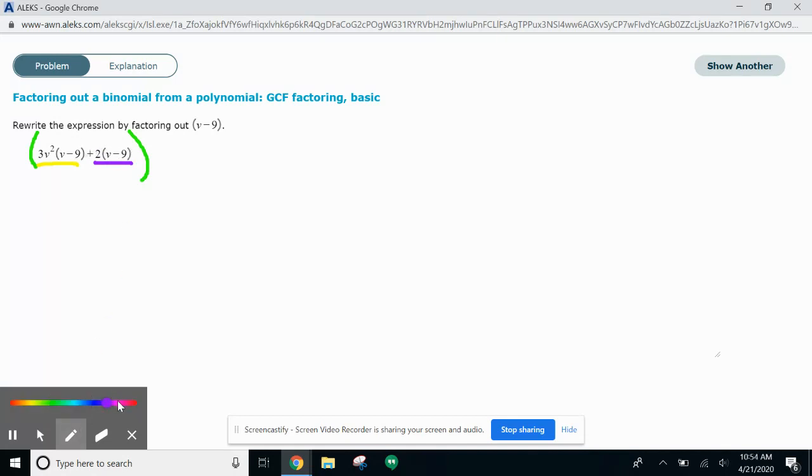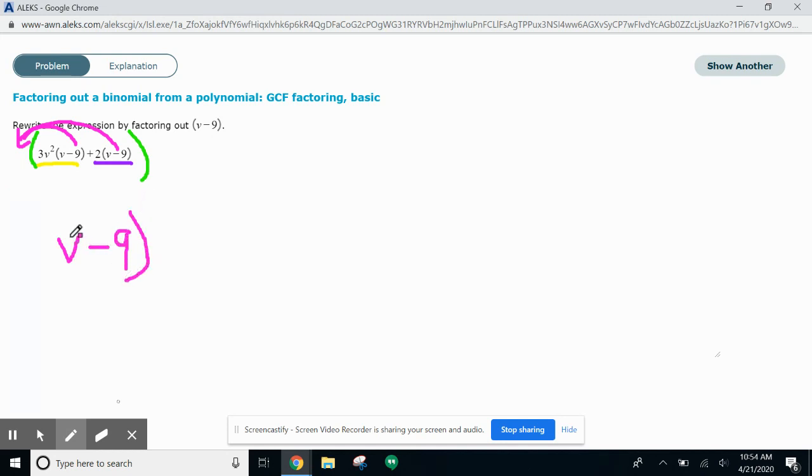So if I want to take those out, I can take out the v minus 9. So now I'm going to have v minus 9 on the outside here, and on the inside, I'm still going to have my parentheses from my inside of this factor. So what's left?